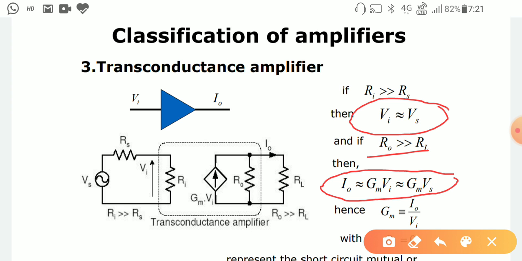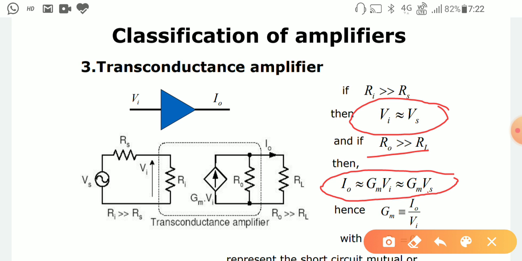So here Gm will become I0 by Vi, because at the very start for the transconductance I already told you that this is the admittance term, that is 1 by R, which is the result. So this is the ratio of current to voltage. An amplifier means the output by the input ratio.